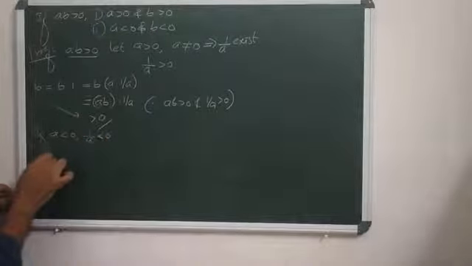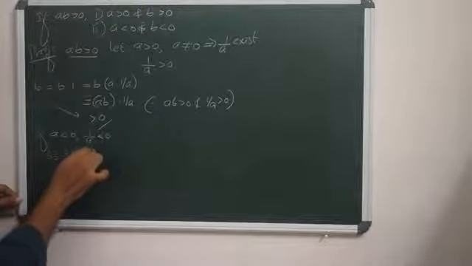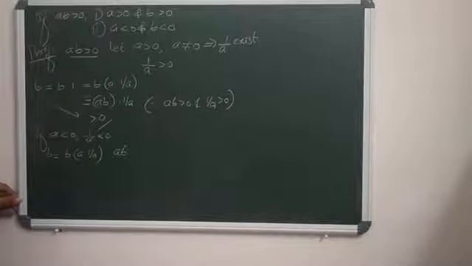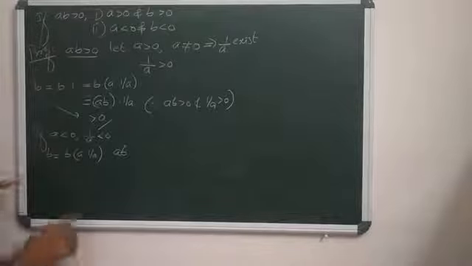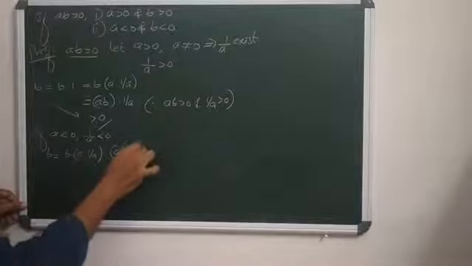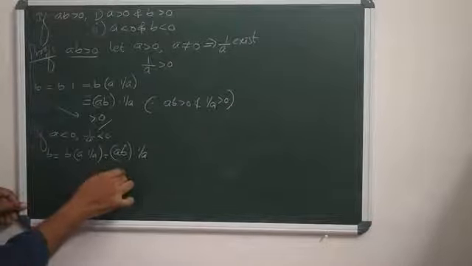Then what is b? b equals b into a into 1 by a, that is ab into 1 by a. ab is positive and 1 by a is negative, so it is negative.